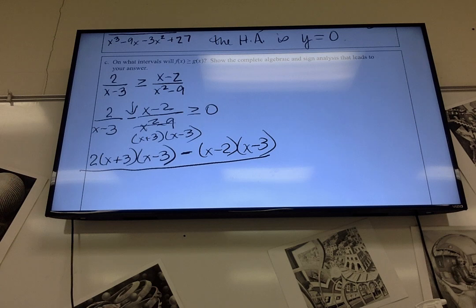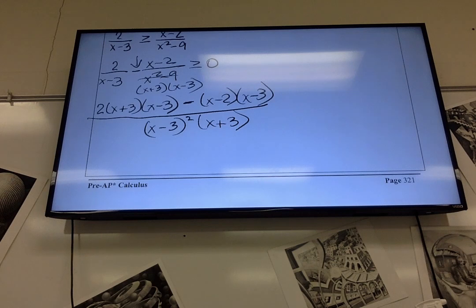All over everything on the bottom multiplied together, which would be x minus 3 squared times x plus 3. On top, they all have an x minus 3 in common.